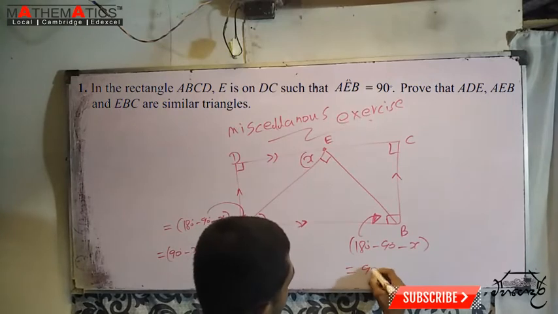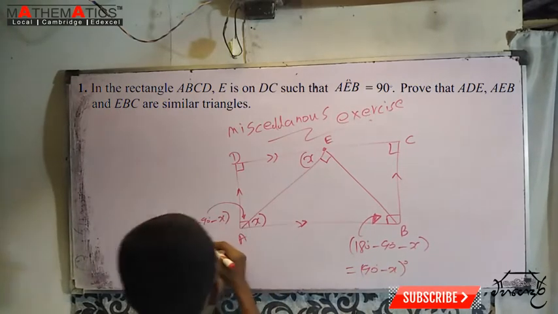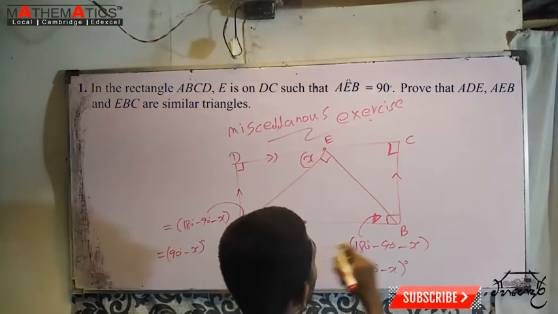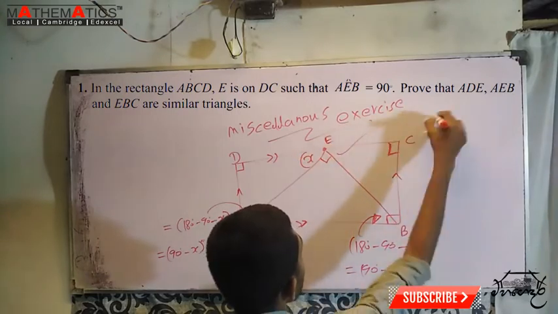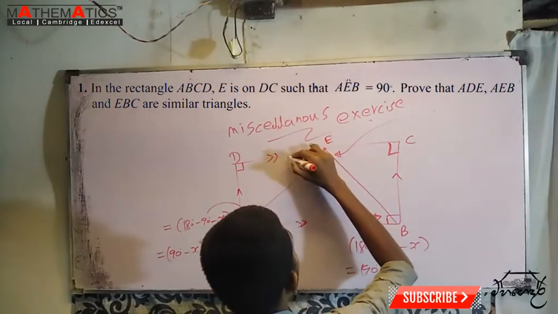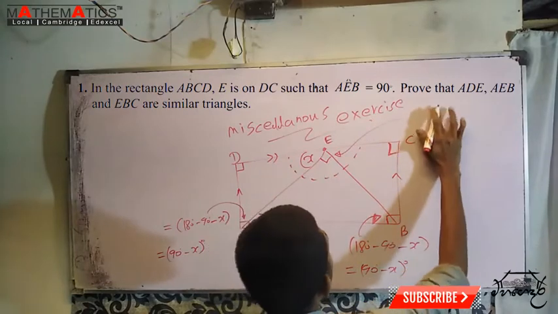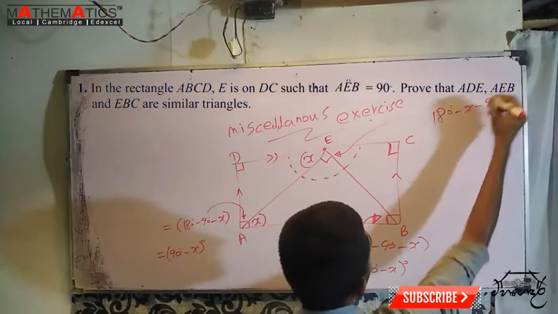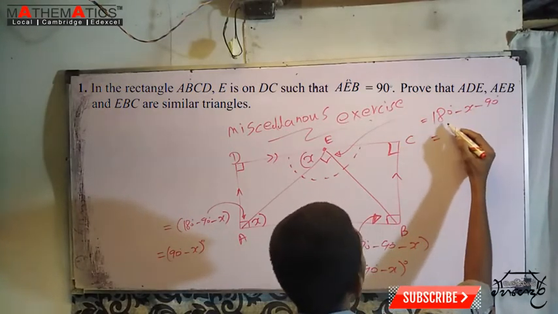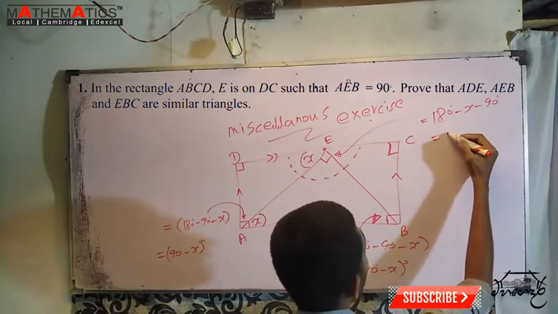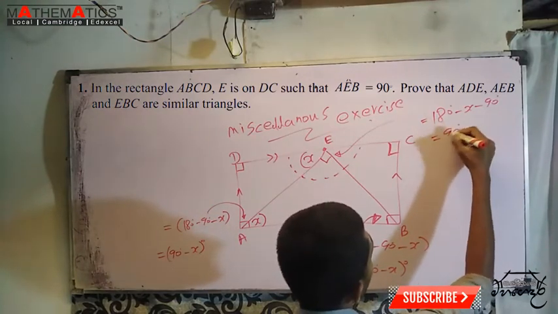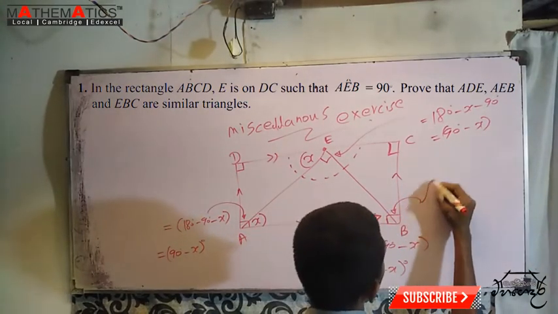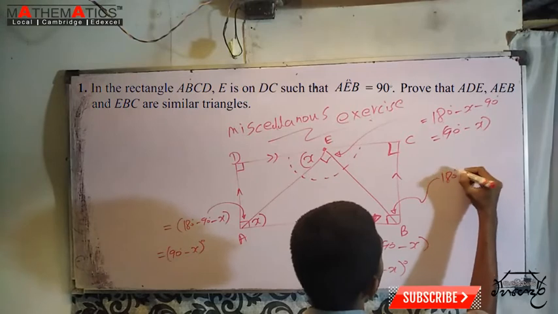Now here also, consider this one. The sum of the angles on a straight line is also 180, so 180 minus x minus 90. After subtracting, you get the answer 180 minus 90, which is 90 minus x. By using this method, you can find the value of this place: 180 minus 90 degrees from this side, and then minus again 90 degrees minus x from this side.